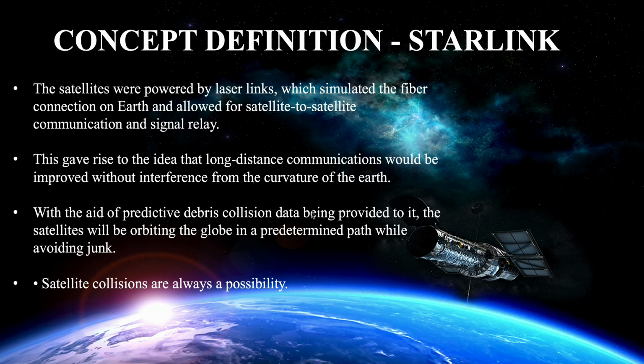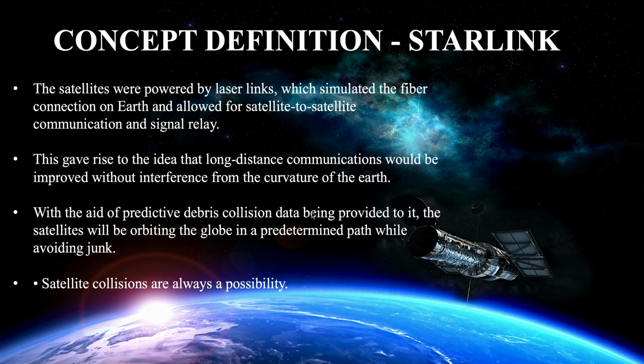While defining the concept of Starlink, physically it is made up of certain laser links. There are about four laser links embedded within each satellite, helping them communicate with each other. Let's assume one of the Earth ground stations has been damaged. This does not mean the satellite in space cannot communicate.